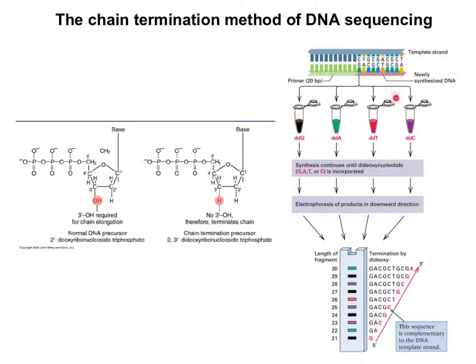And so what you do is you have amounts of dideoxy G, A, T, and C, and then you add that to a PCR reaction, and then you run it on a gel, and then based on the length and the color of the product, you can identify what the sequence is.